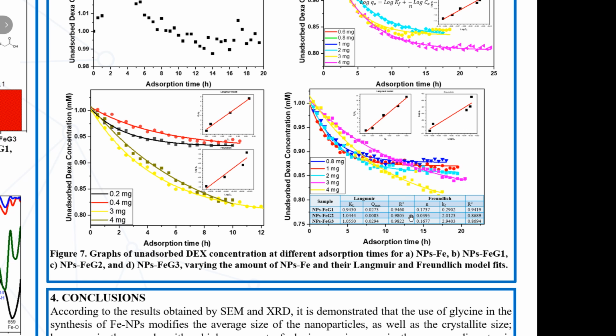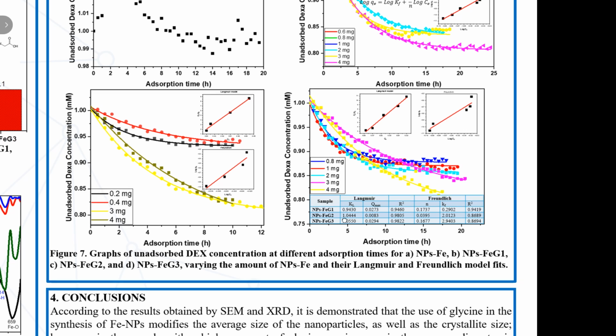We can observe that the presence of glycine in the different samples improves the results of these fits. And we can observe in this table that the Langmuir model is best for these fits.